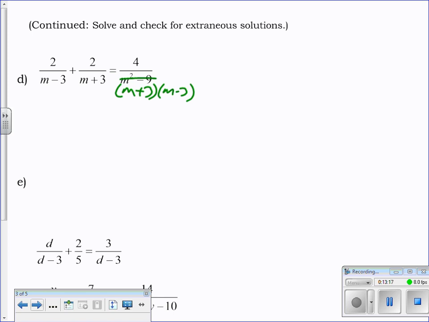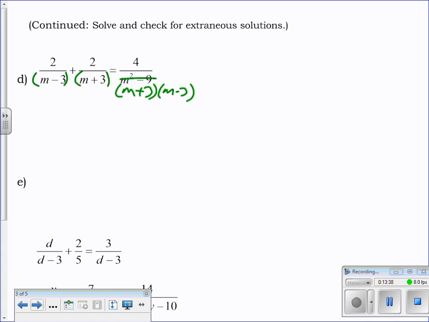What's my common denominator? What has every factor that's in there? Every factor, every denominator. And remember, there's the unwritten parentheses around these. Every factor needs to be included.